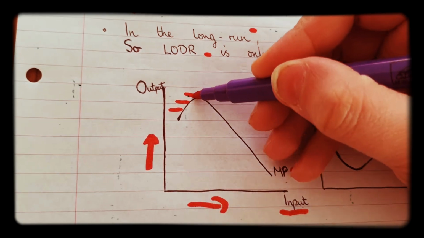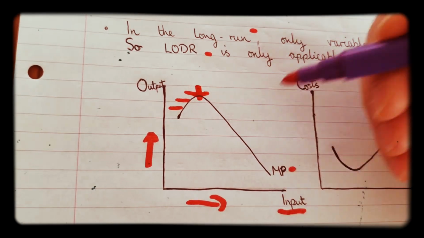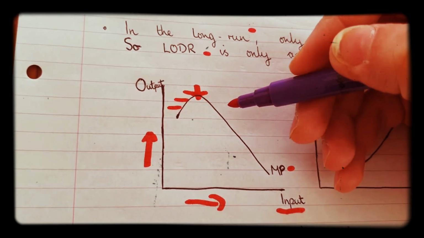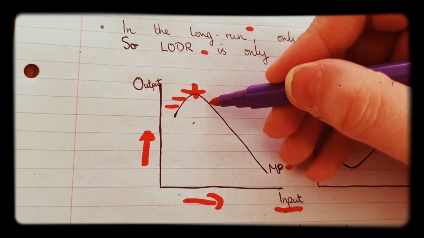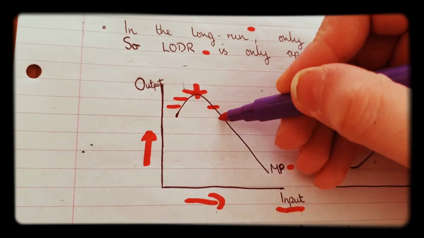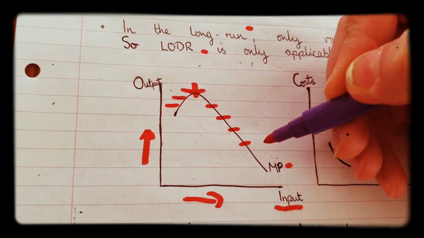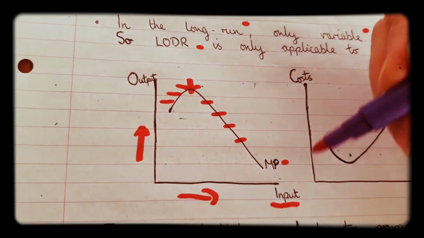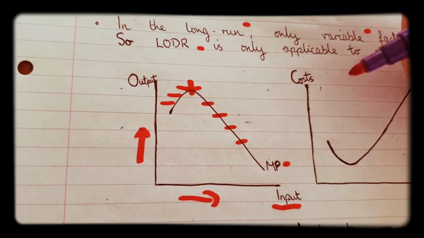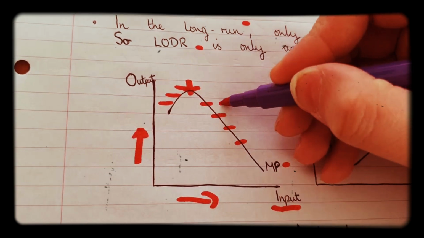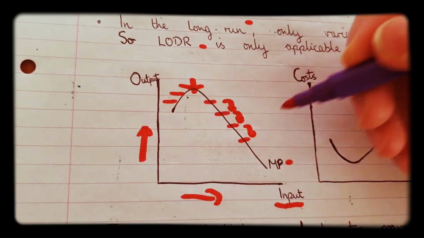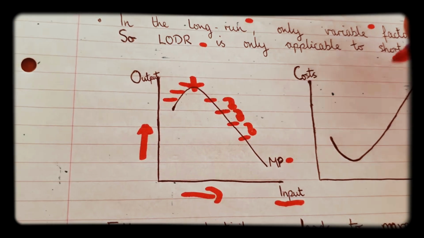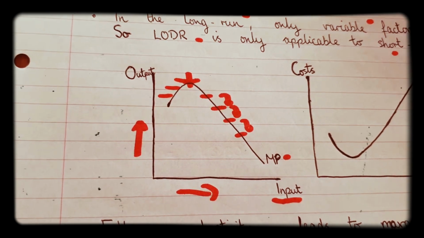But after this point here, the law of diminishing returns starts kicking in. Now we're hiring 3 painters, 4 painters, 5 painters, 6 painters, and the benefit that each painter brings is smaller and smaller every single time you hire an additional unit of labor, in this case painters.